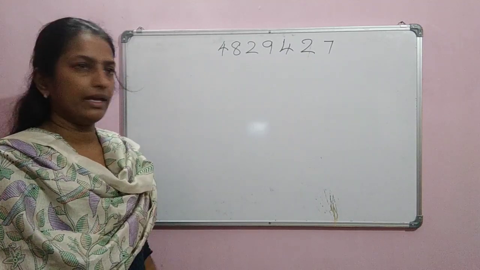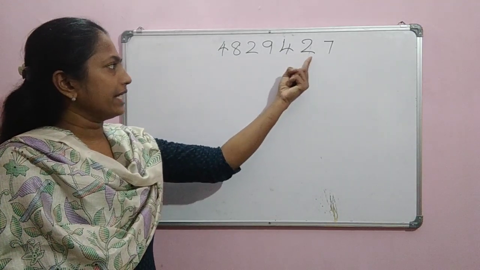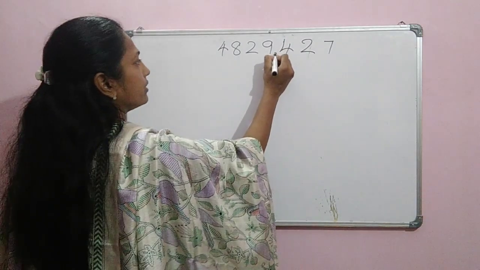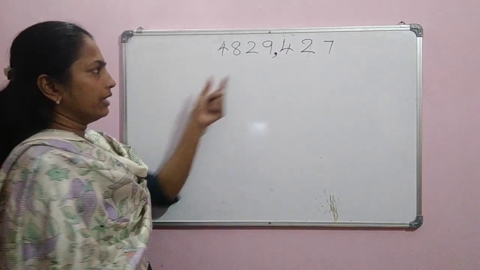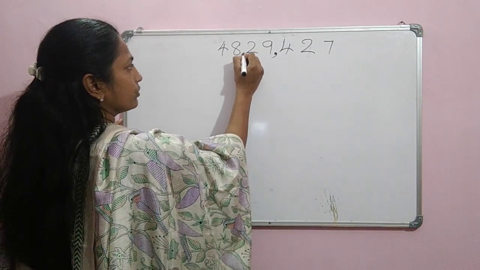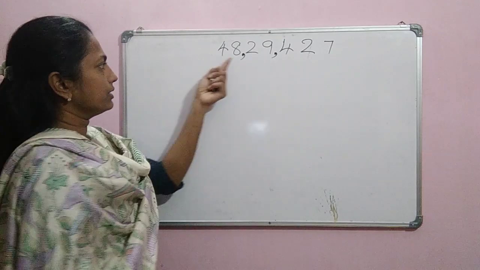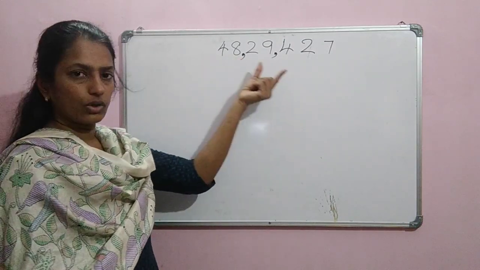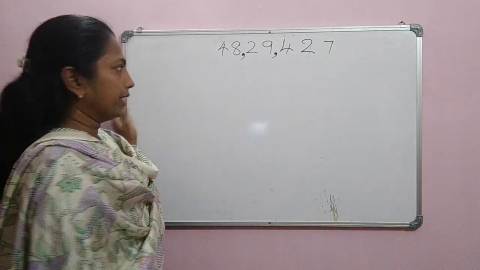So first group is ones, tens, hundreds. That means with the 3 digits, we put comma here. Then thousands and 10,000s. After 10,000s, thousands groups we put comma. Then this is lakhs and 10 lakhs. So the grouping is over. Now write the number names.